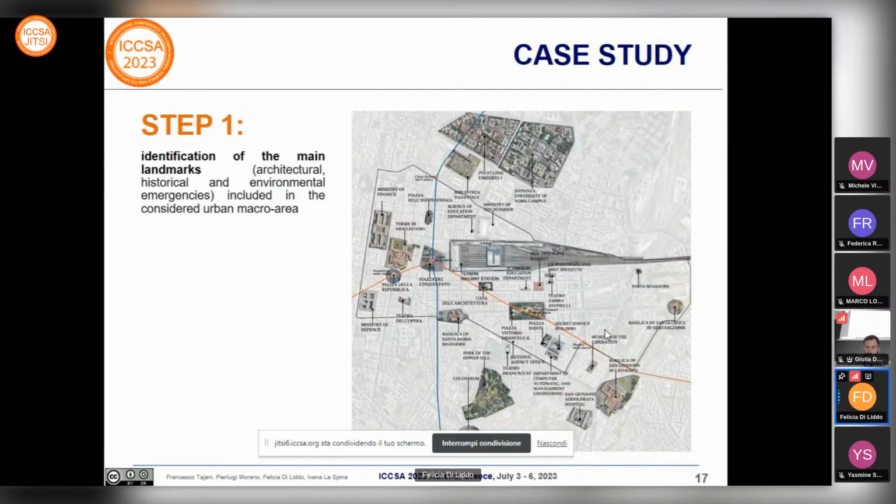The logical operative procedure implemented for the identification of the warning areas in the Esquilino district firstly provides the identification of the main extrinsic and intrinsic factors that are generally considered in the selling phases.